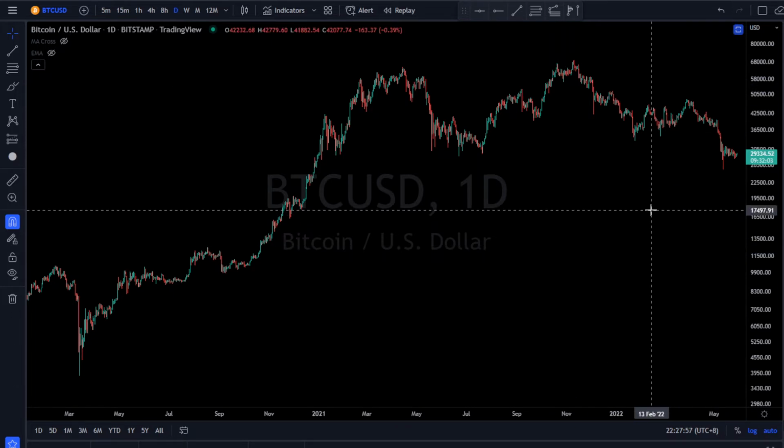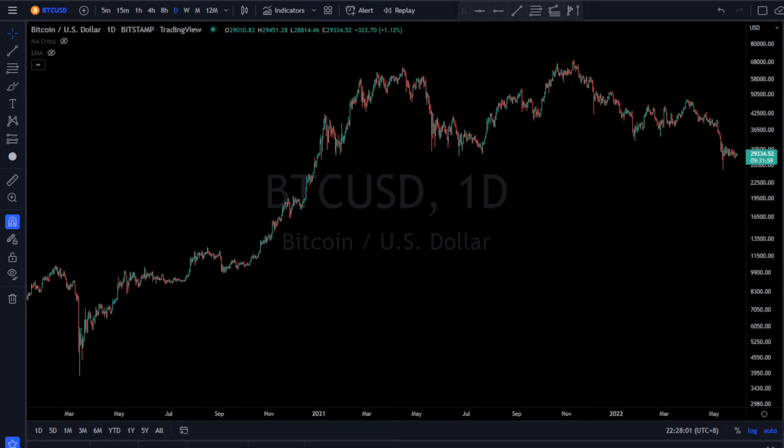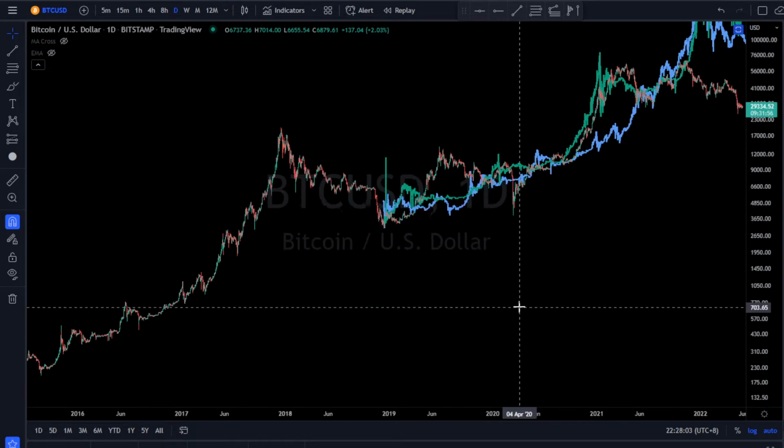So if we look at the halving cycles, okay, so what I'm doing here is every 4 years there's a halving cycle, and Bitcoin price seems to perform or move in a similar way throughout these 4 cycles repeatedly.